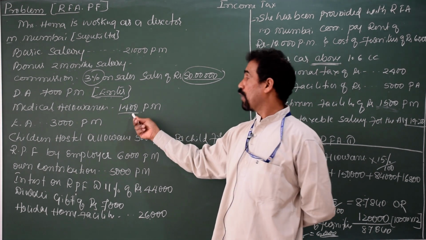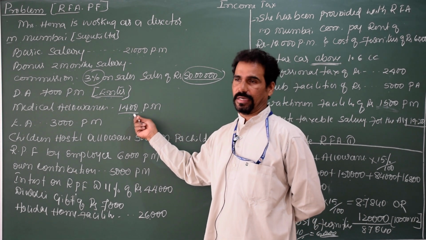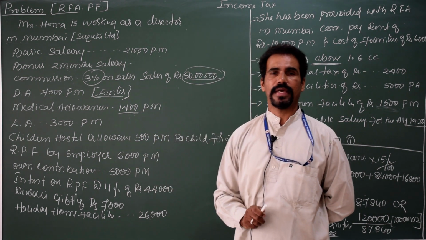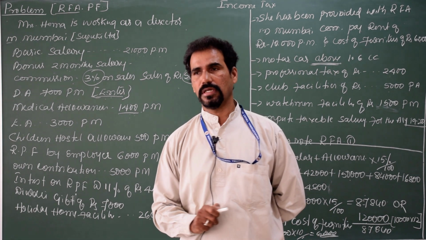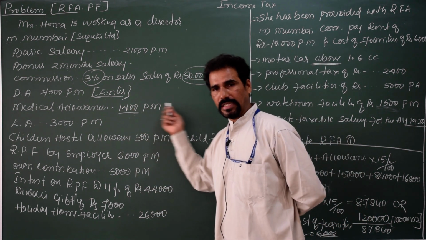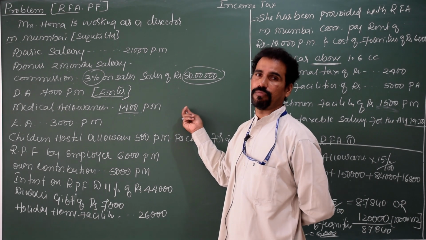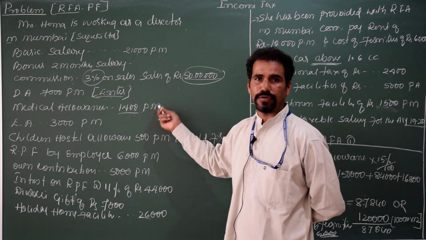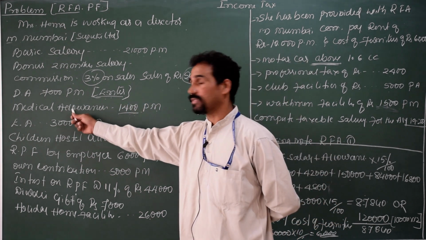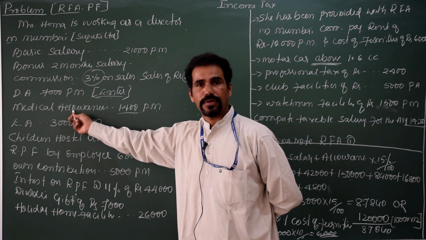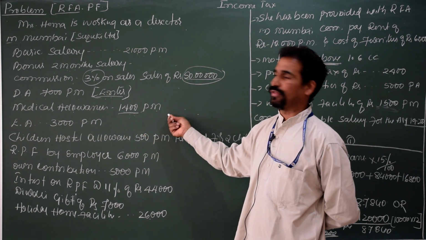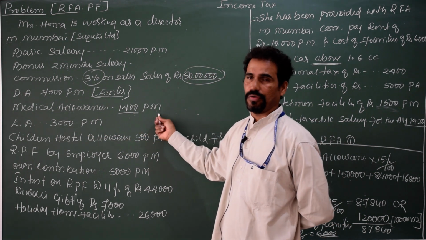It is an allowance only, not a reimbursement. What is reimbursement? Reimbursement has a maximum exemption of rupees 15,000. For example, if 20,000 is given but reimbursement is 15,000, then 20 minus 15, the remaining 5,000 is taxable. But for an allowance, whatever amount is given, you should take the same amount in the outer column also. No deduction for these allowances.